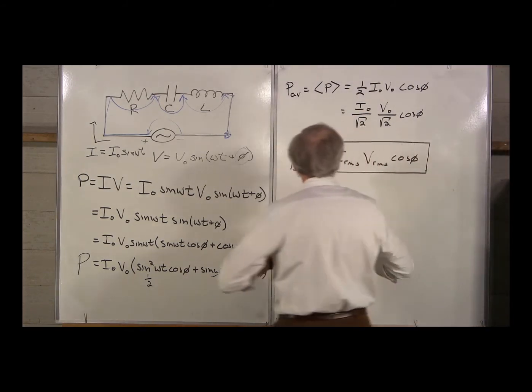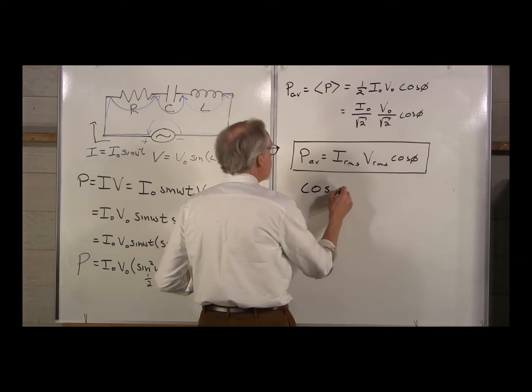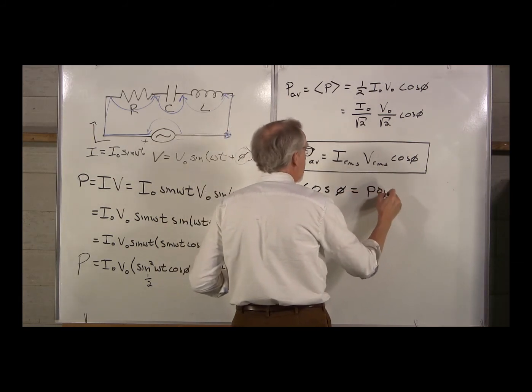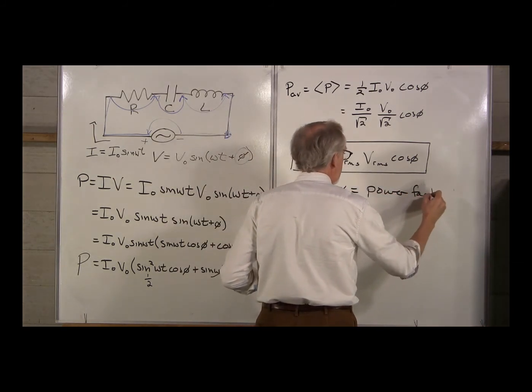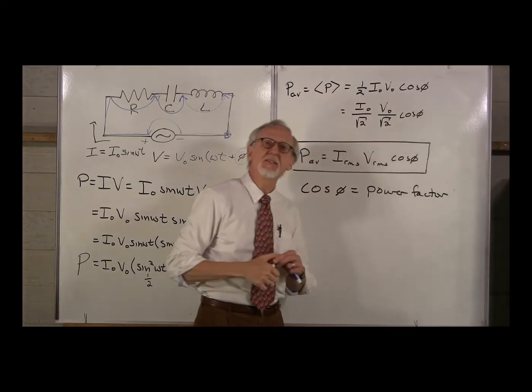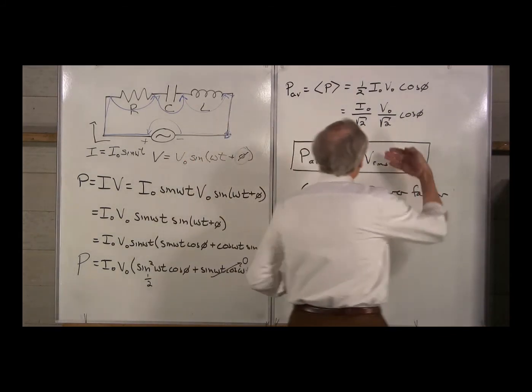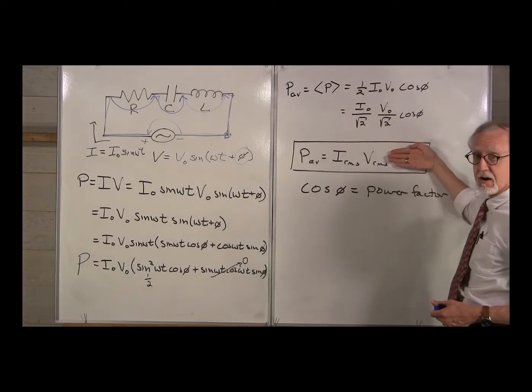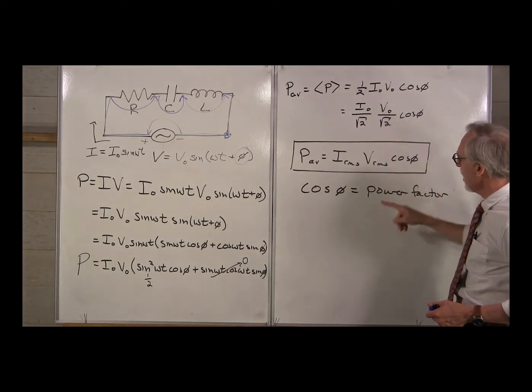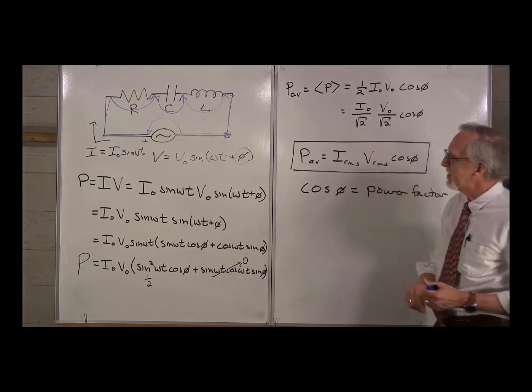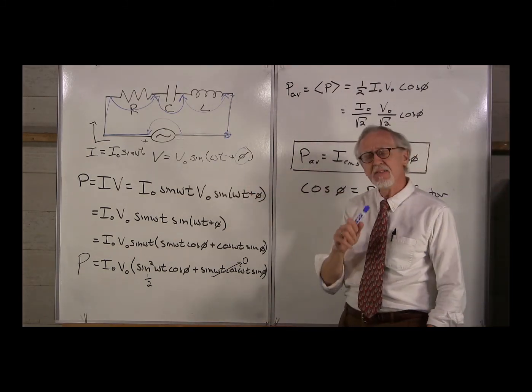Cos phi is actually referred to as the power factor, because it tells us how much that average power is reduced from just that simple form of I RMS V RMS.